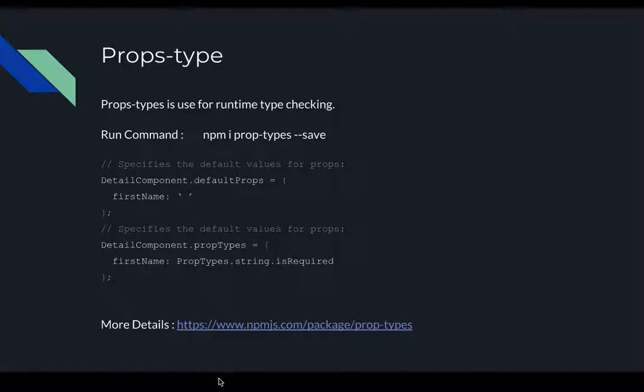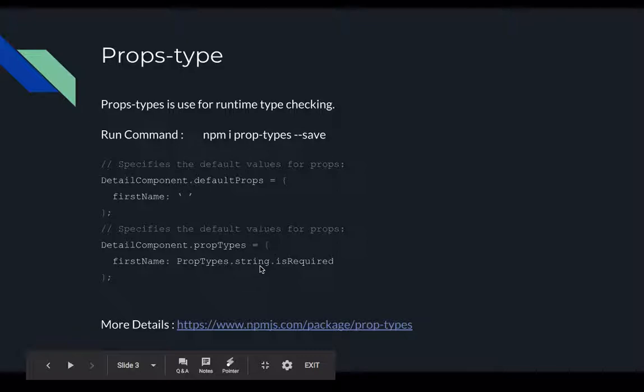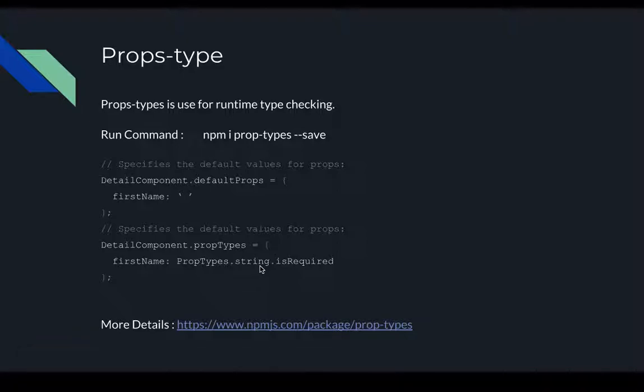Otherwise, if someone gives age as 12345, or maybe gives age as Brijesh, then this is not a correct value for the age property. So in that case you can define it here: first name is PropTypes.string, meaning it must be a string, and isRequired means it's mandatory, you have to pass it anyway. So this is how you can do it.